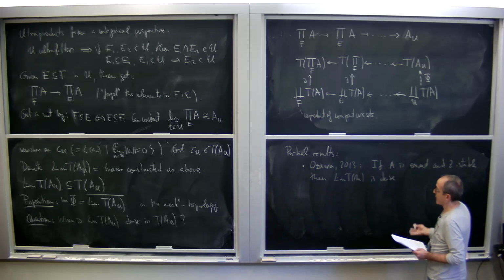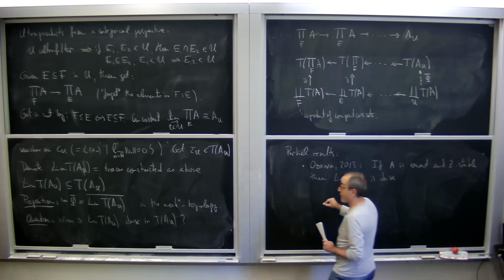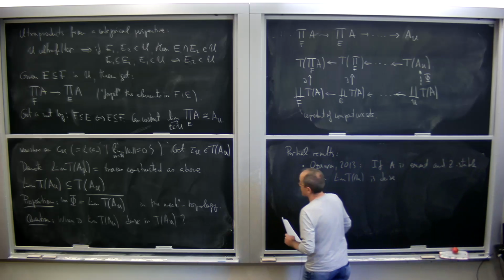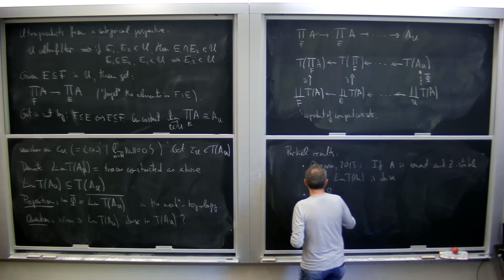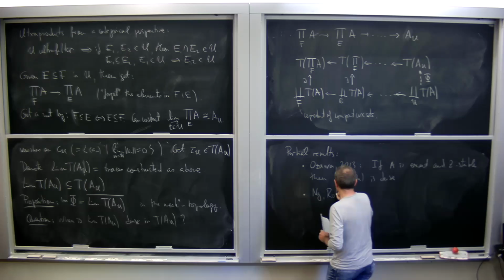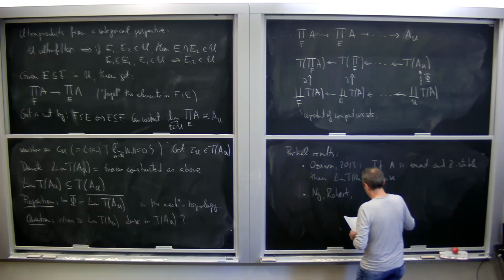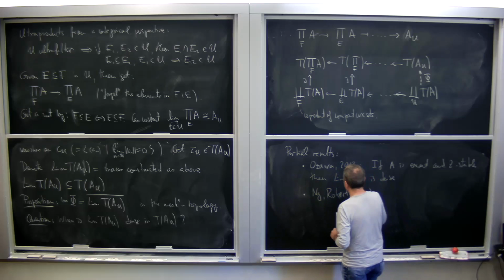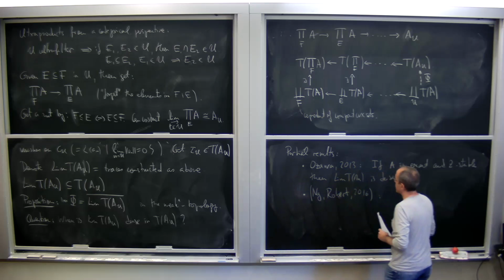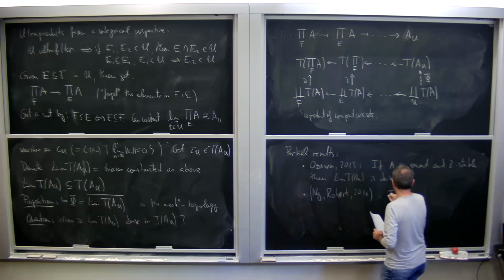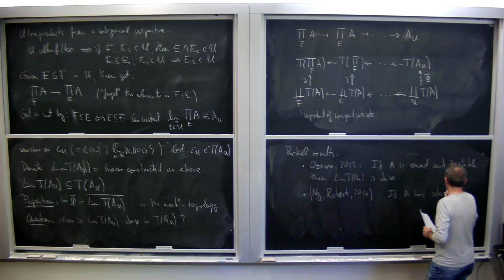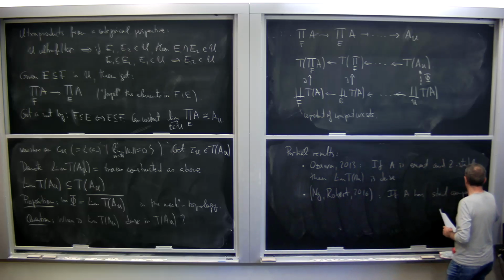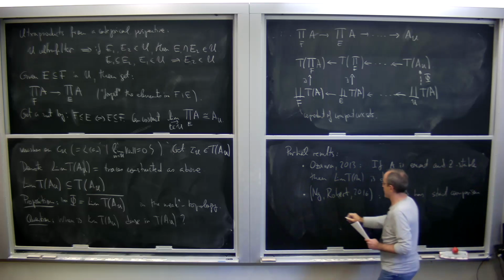So the map is surjective. A second result is due to Ping Wang-Ying and Leonel, I think in 2016, where they proved the same if A has strict comparison by traces.